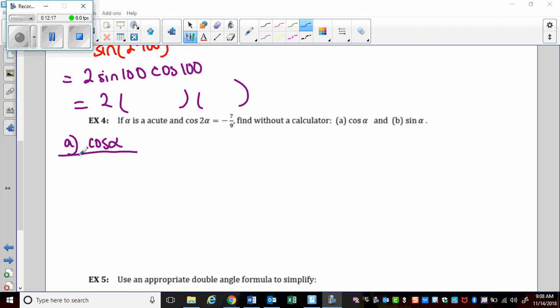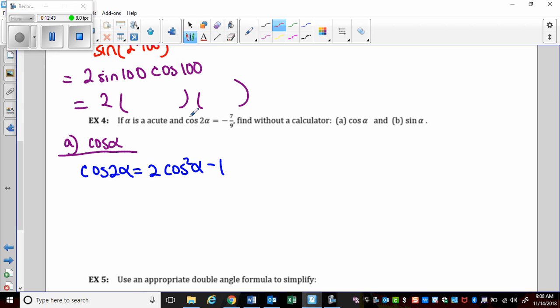Okay, so I'm going to write down my double angle formula, which is cosine of 2 alpha equals, I'm going to use the one that has cosine because I'm trying to find cosine of alpha. So I'm going to use the one that has only cosine: 2 cosine squared alpha minus 1. This is the double angle formula that I want to use this time.